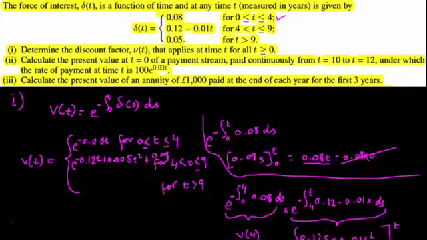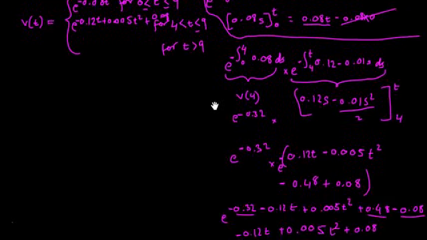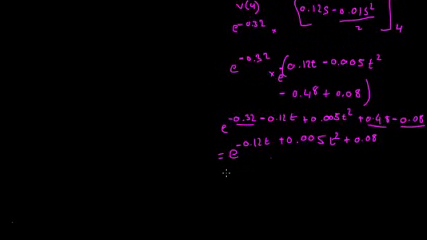So same thing, we're just going to find the integral of this, and we're going to multiply it by v to the 9. So what is v to the 9? Well, all we're doing is subbing 9 into this whole bit over here. So it's going to be e to the negative, what is 12 times 9?